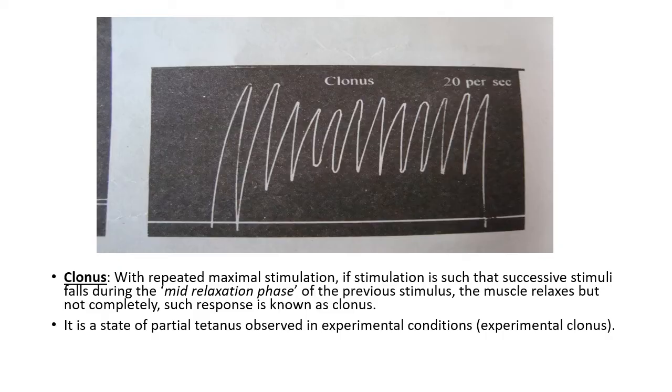Clonus is obtained when stimulus rate is around 10 to 20 per second, and it is due to summation of stimuli or summation of contractions. It is a state of partial tetanus observed in experimental conditions. That's why it is called experimental clonus, and it should not be confused with clinical clonus, for example, ankle clonus, which is seen in upper motor neuron type of paralysis.